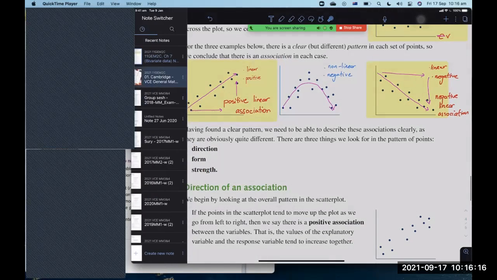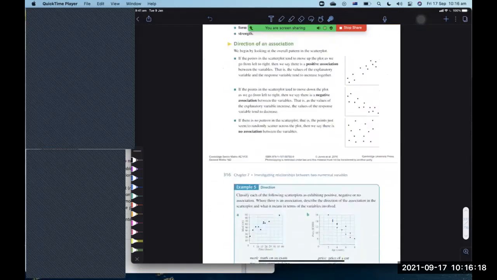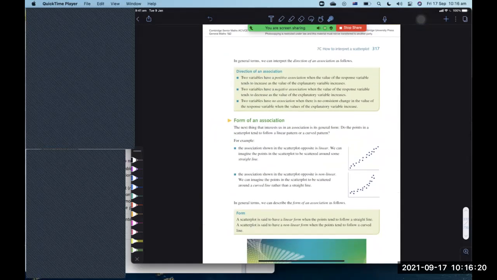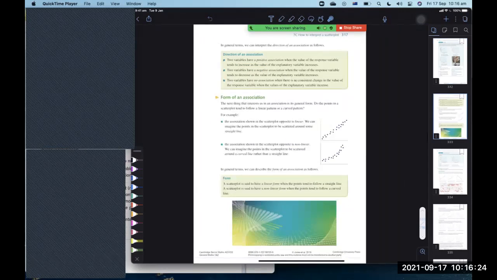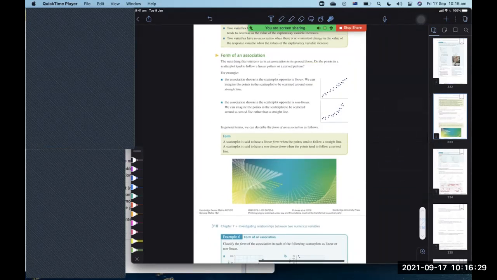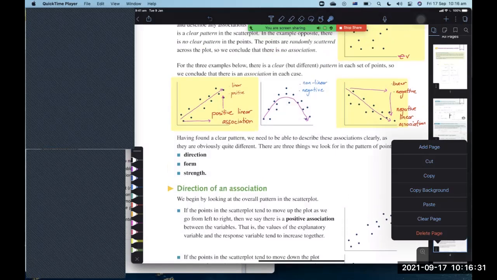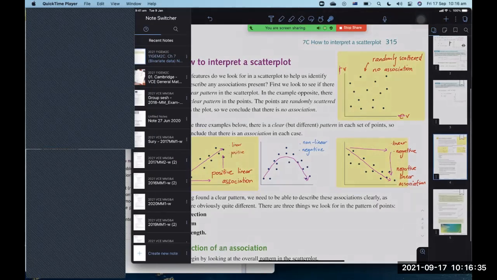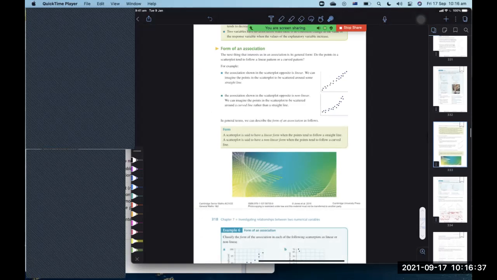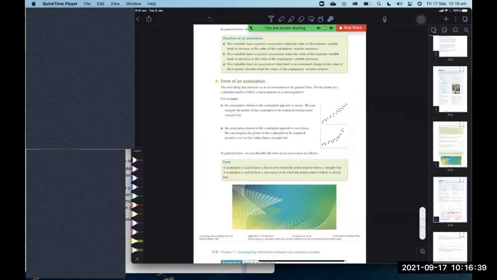There's going to be a breakdown in the following sections of the direction, the form, and also the strength as well.